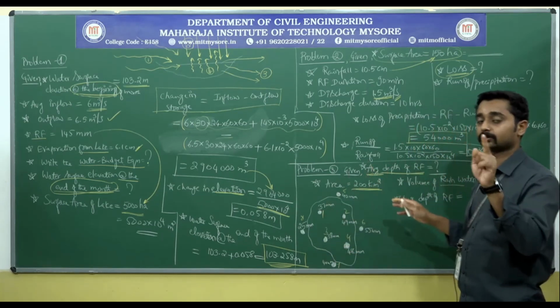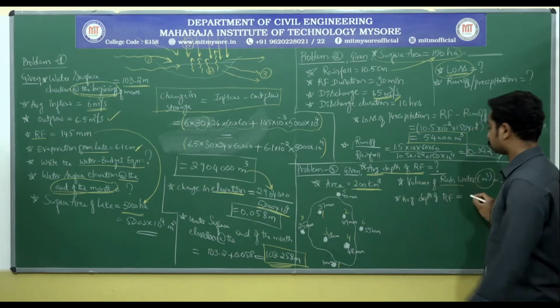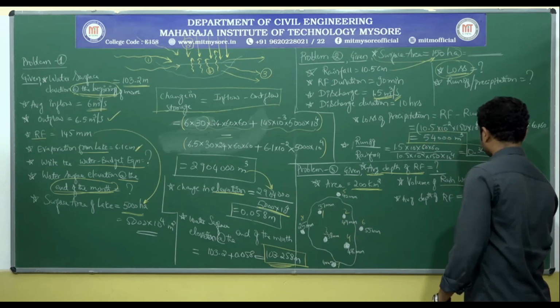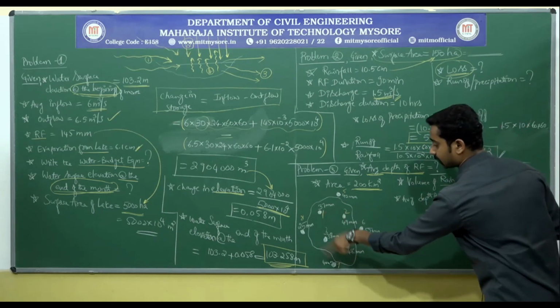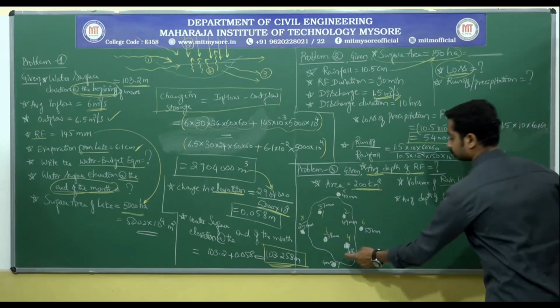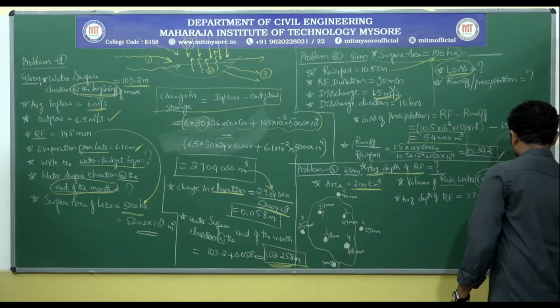Outside the catchment, the arithmetic mean method should not consider them. Within the catchment, the values are 37 plus 49 plus 48 plus 38.